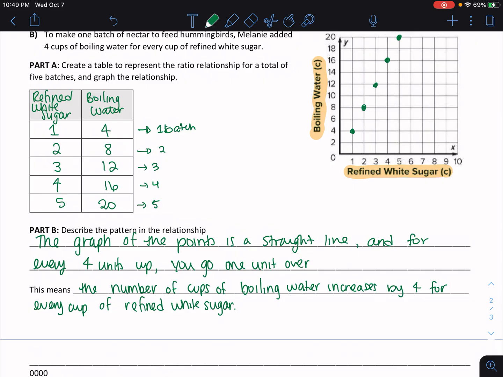Okay, so this is a straight line because we went up 4 units over 1, and this means the number of cups of boiling water increases by 4 for every cup of refined white sugar.